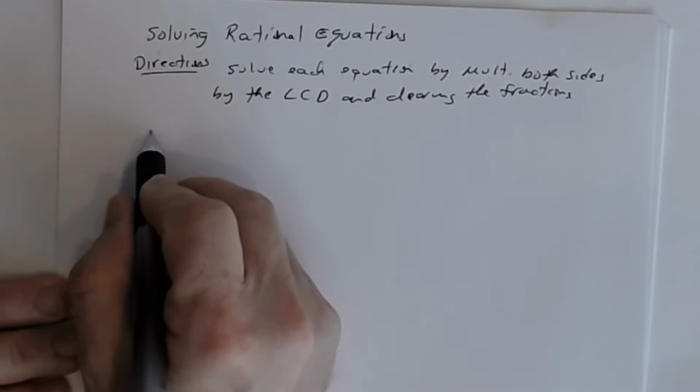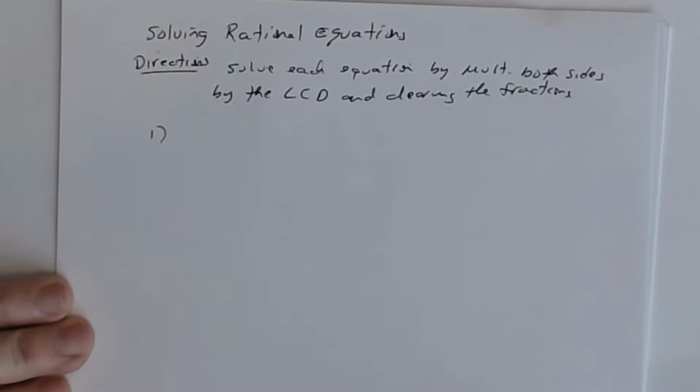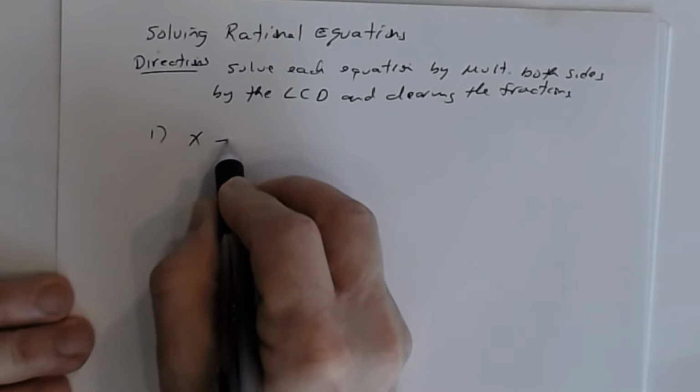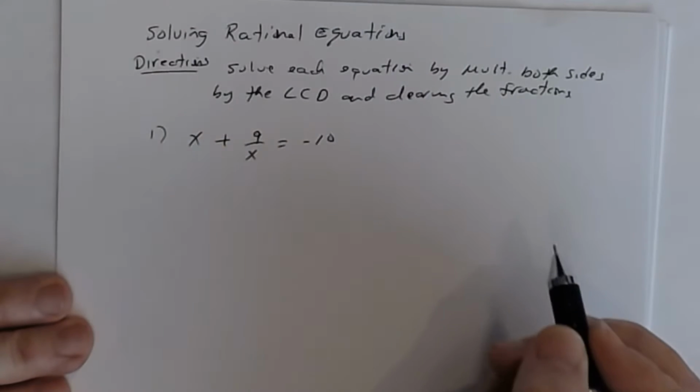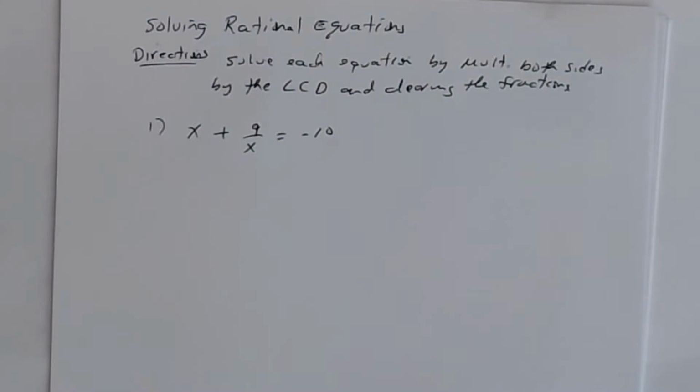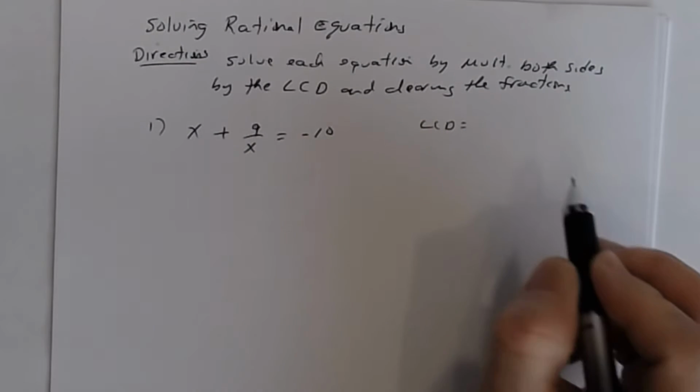So let's look at number one. We have x plus 9 divided by x equals negative 10. We have to find the least common denominator first.